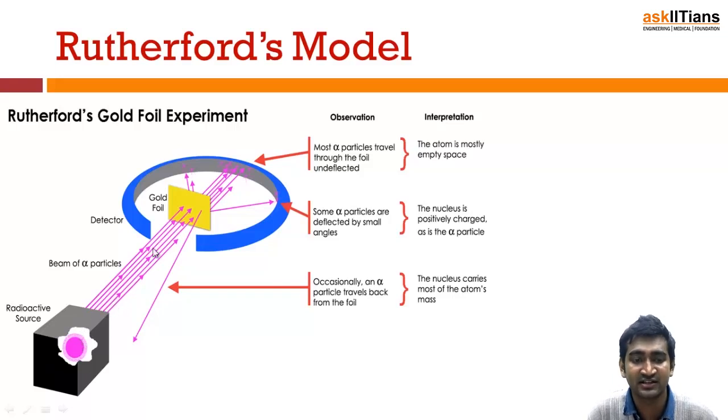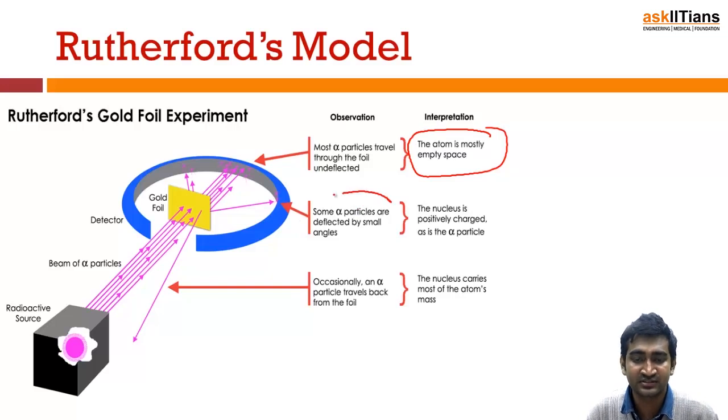When these alpha particles hit the gold foil, he observed that most of them travel through the foil undeflected. That means the atom is almost empty, which is not what J.J. Thomson was saying, that it's like a positive sphere. So it is not like that.